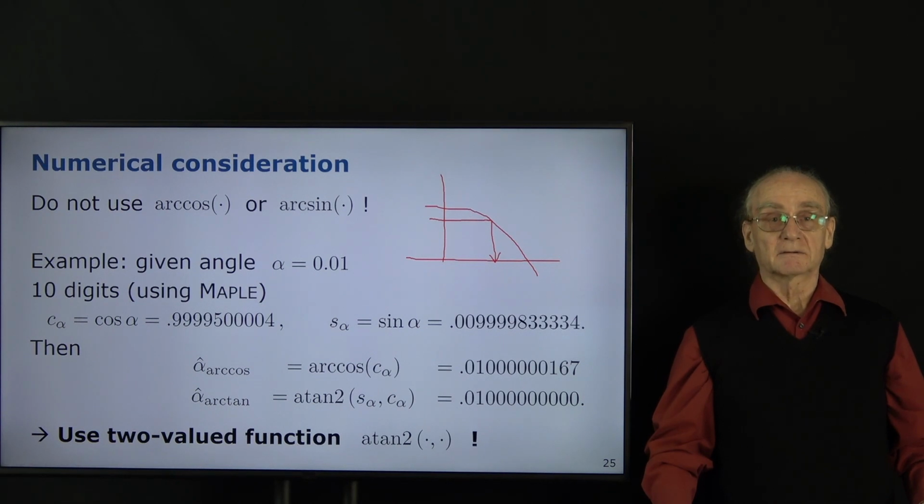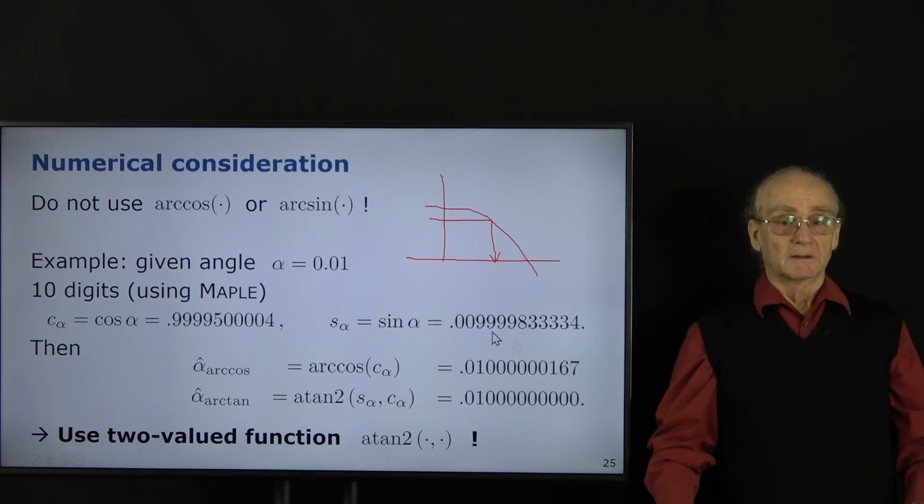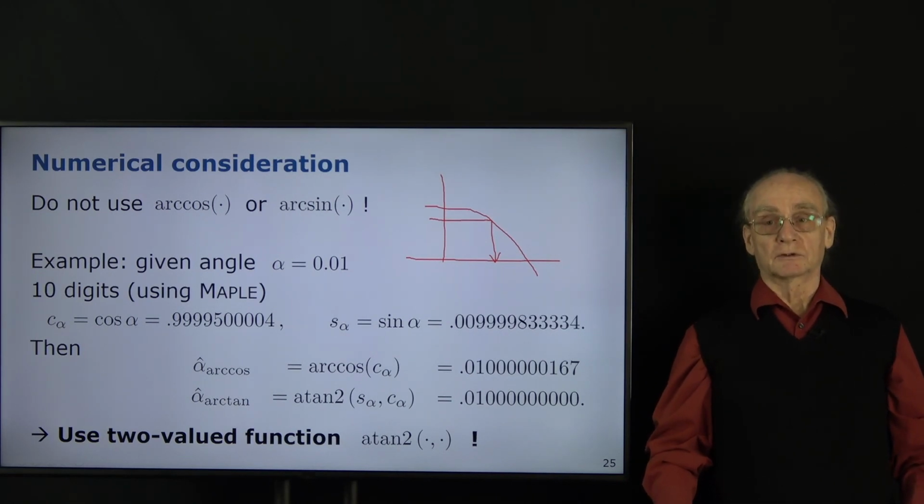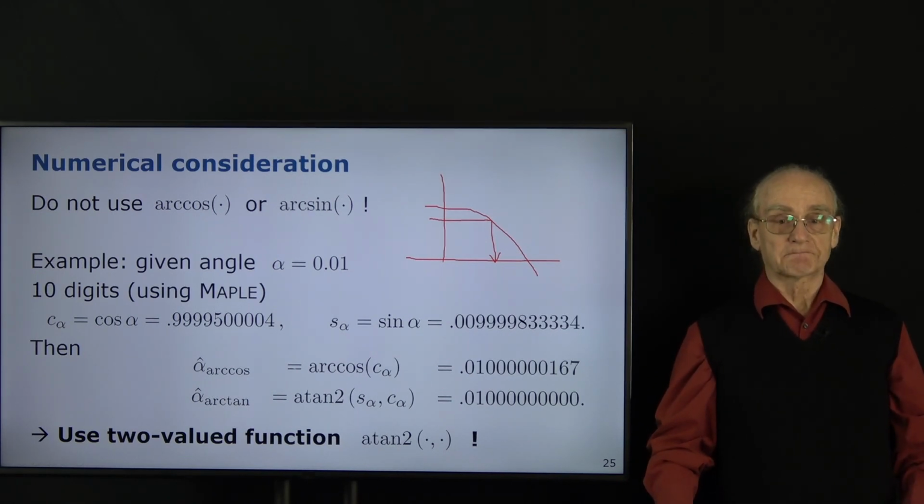That means the position of this intersection point is very uncertain. So that is, so to say, the visual explanation why this happens. Now, if you take the sine and the cosine and use the two-valued arcus tangens function, you have no problem. So, use the two-valued function for the arcus tangens in order to determine angles in all cases.